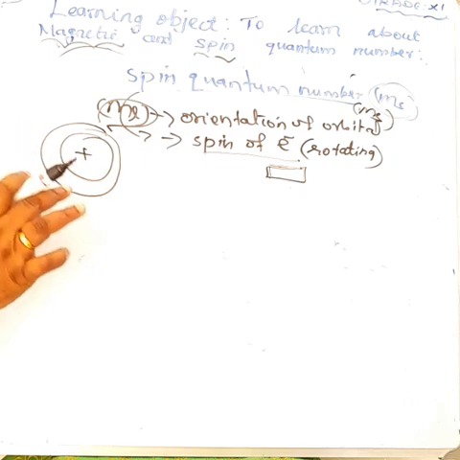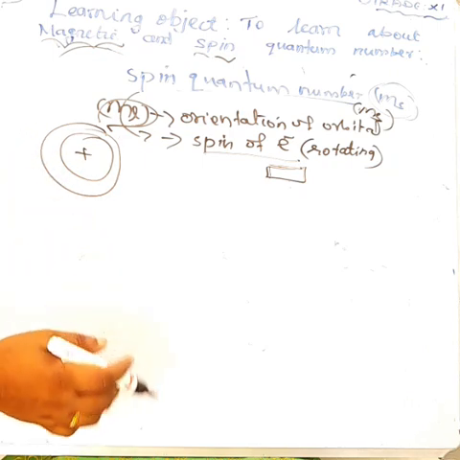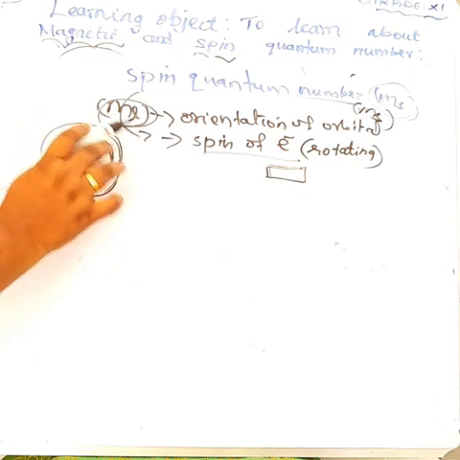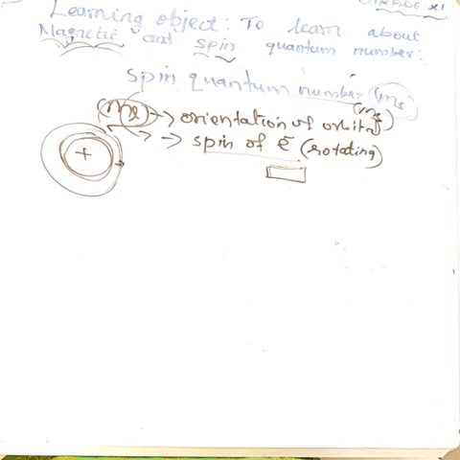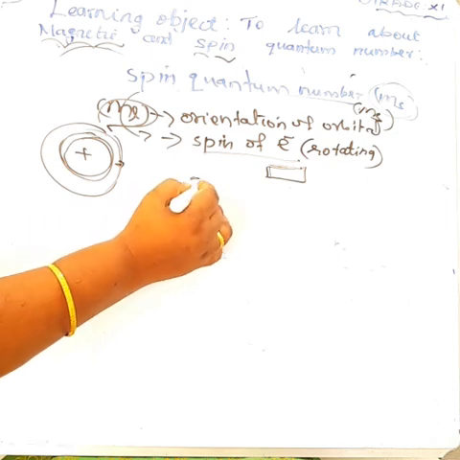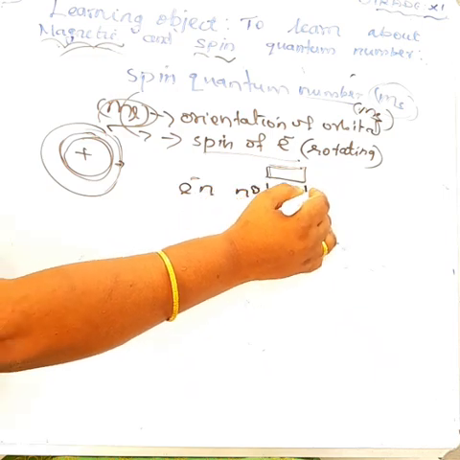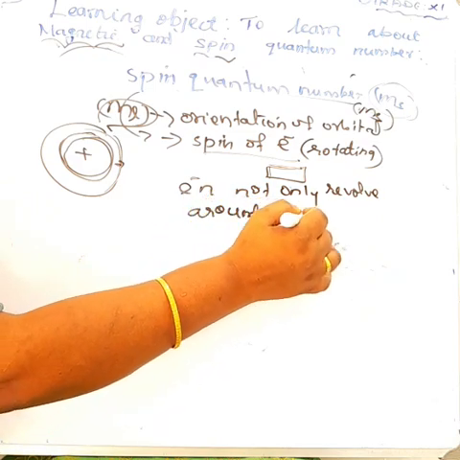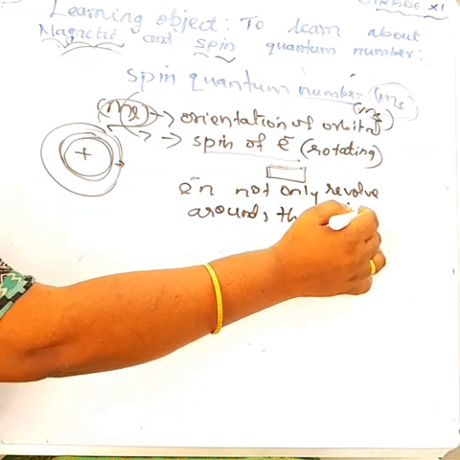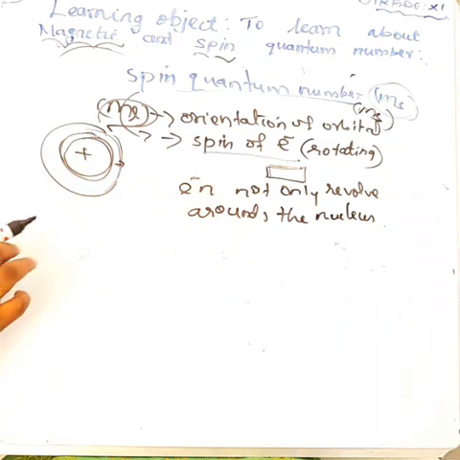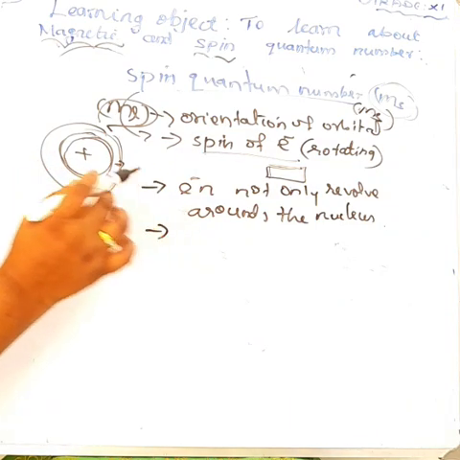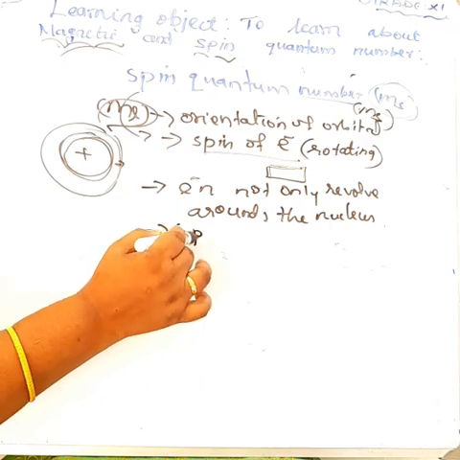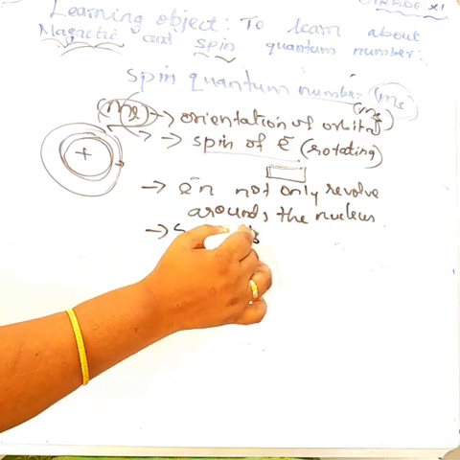But here, the electrons in an atom revolve not only around the nucleus but also spin about their own axis.